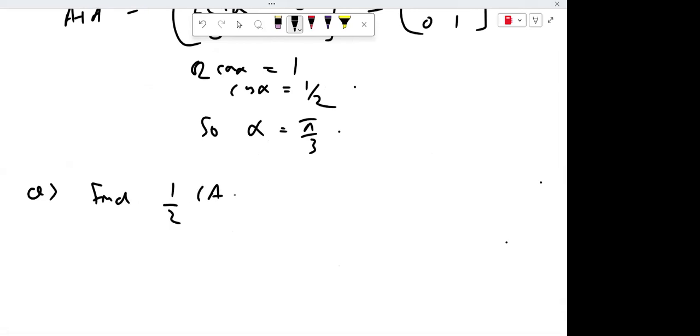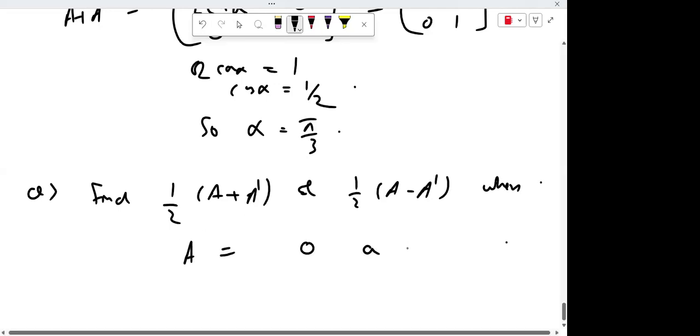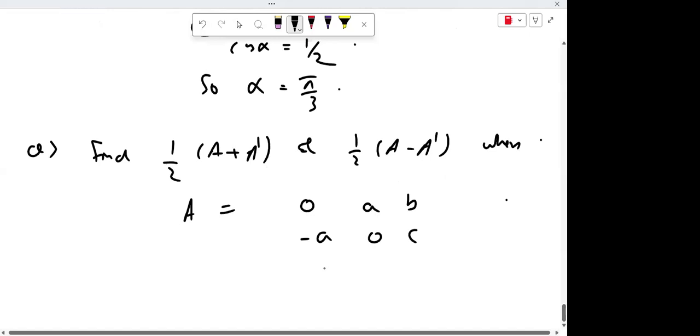One more question. Find half of A plus A transpose and half of A minus A transpose when A is equal to 0, a, b, minus a, 0, c, minus b, minus c and 0.